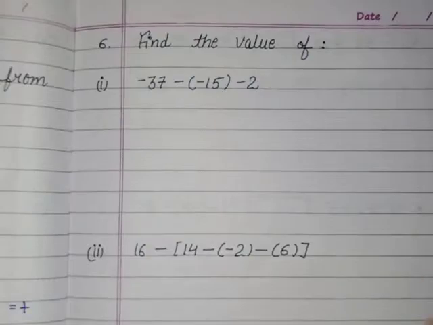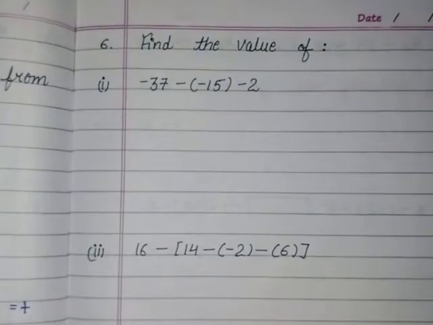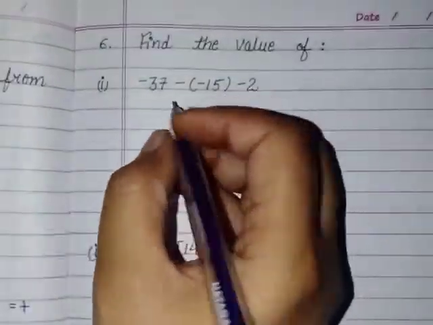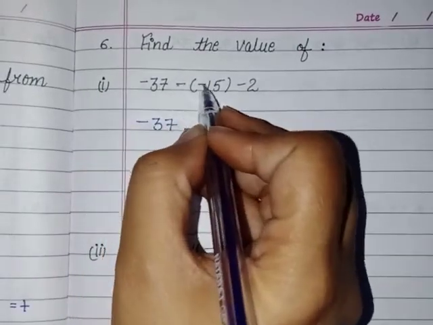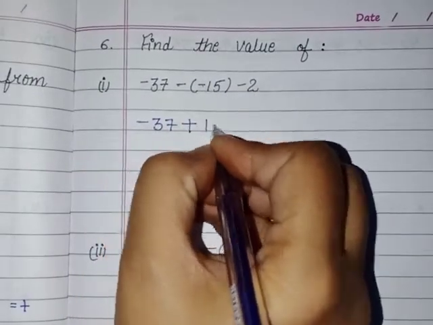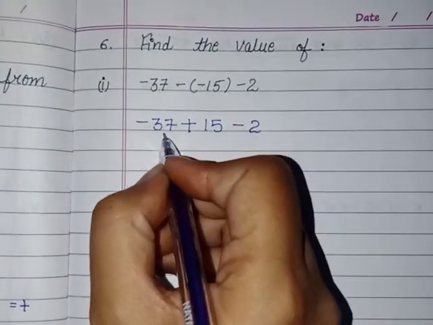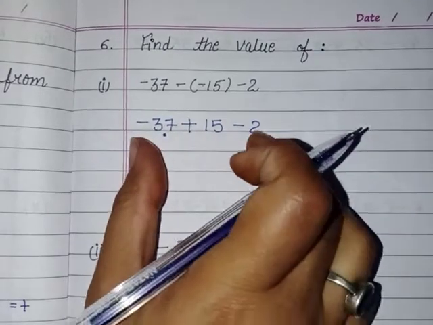Next, question number 6. Find the value of this expression. So firstly you will open the bracket. Minus 37 minus plus 15 minus 2. Now this 37 and this 2 are both of the same sign.